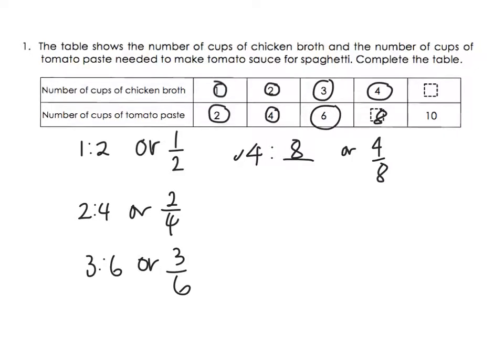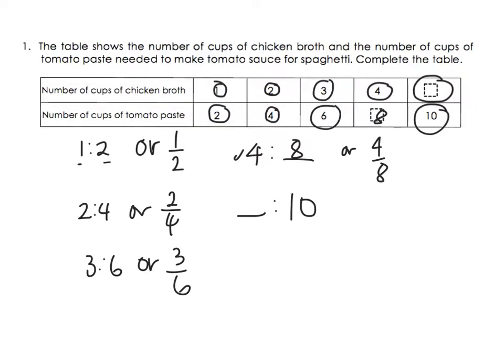Lastly, you don't know how many cups of chicken broth you're going to use, but you have 10 cups of tomato paste. And we know from the ratio that for every cup of chicken broth, you will get 2 cups of tomato paste.